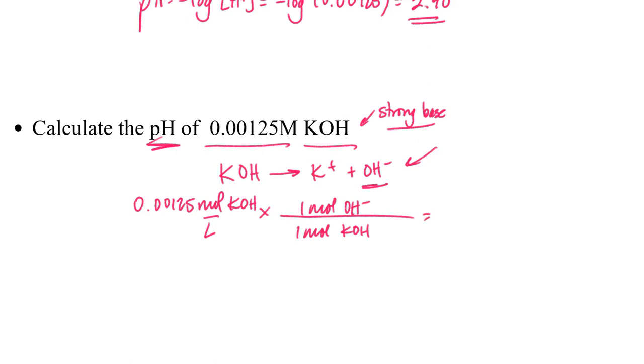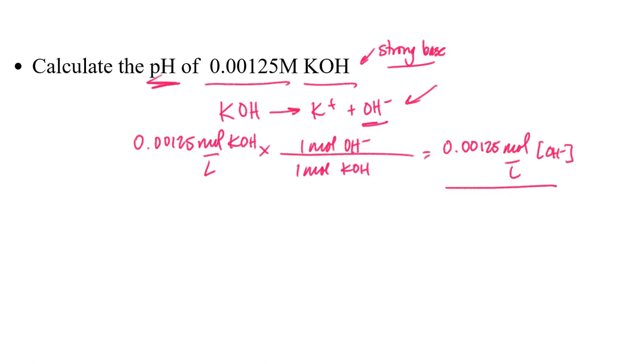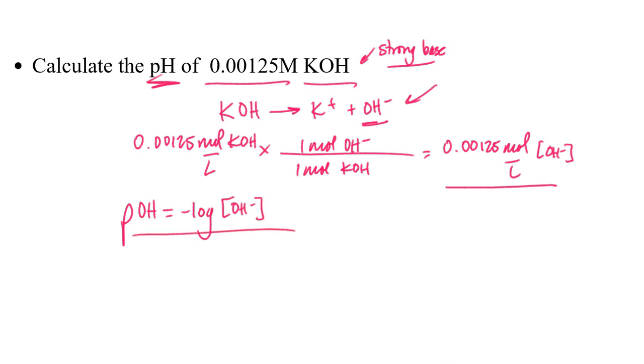So that means that the solution will also be 0.00125 molar in hydroxide ions once the dissociation takes place fully. But what I can do is, with this concentration, I can calculate pOH, because remember, pOH is the negative log of the OH concentration, so I could do that.